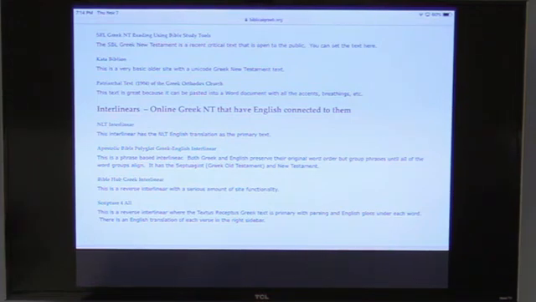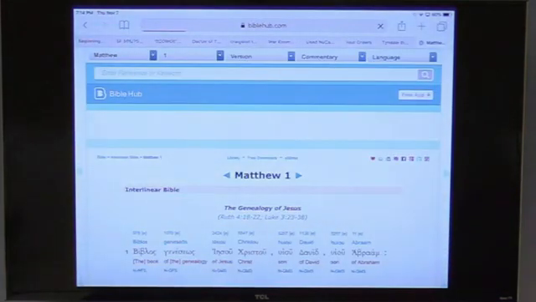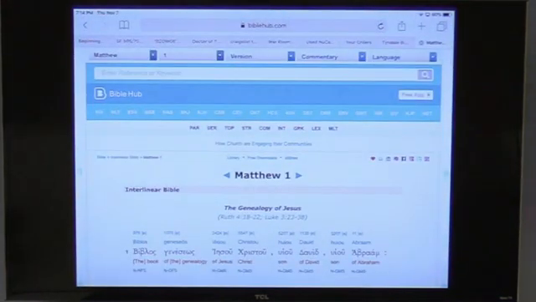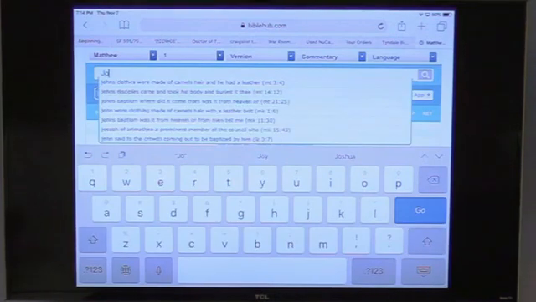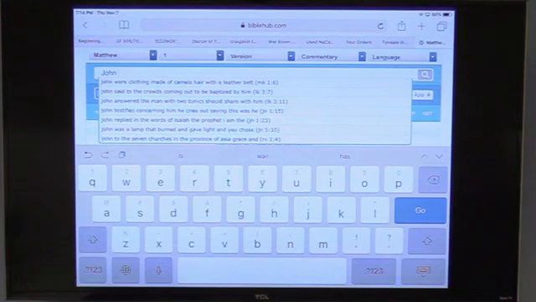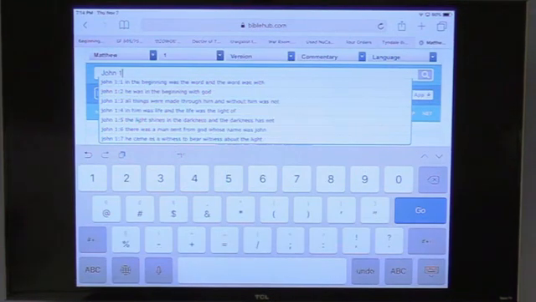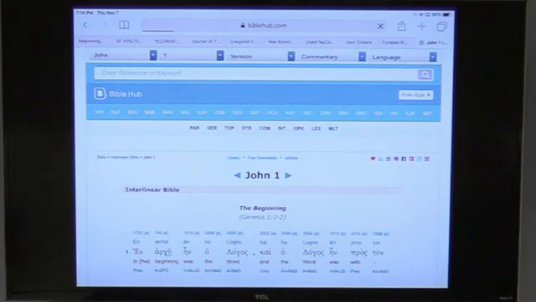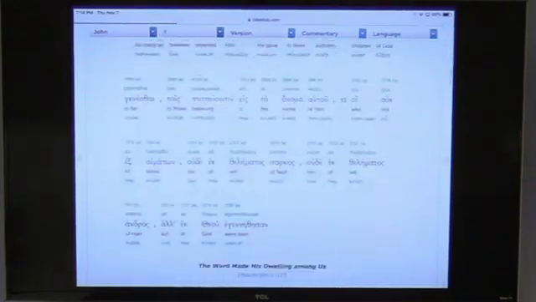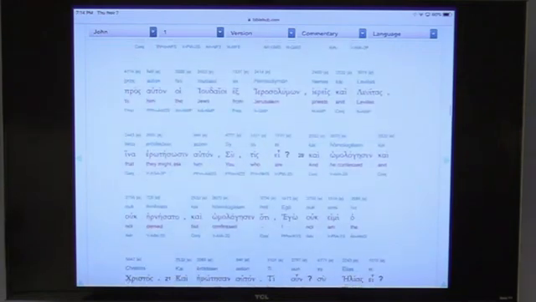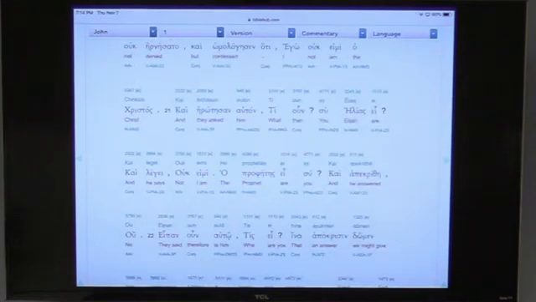Let's see what my interlinear says. Okay. I got John 1:21. John 1:21a says, I don't want to take too long on this.